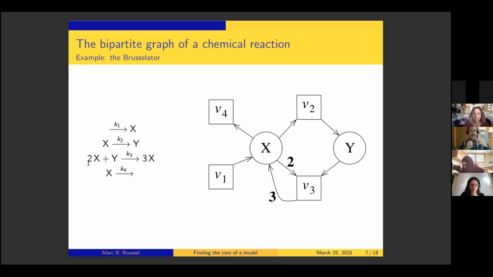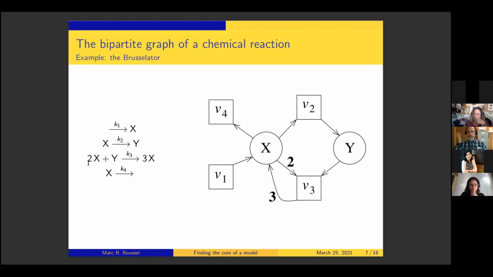You have the species set, the complex set, and the reaction set. So X and Y are the species set, 2X plus Y is one complex, 3X is another complex, and then you have the reactions. So you have three sets. Yes, that's exactly right.